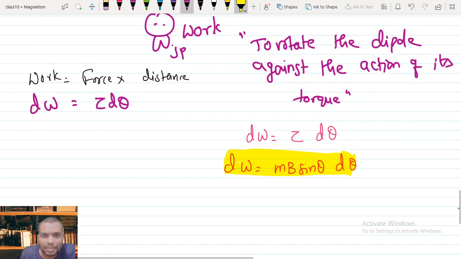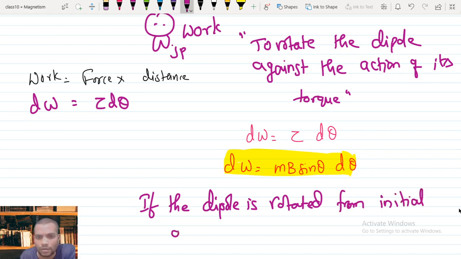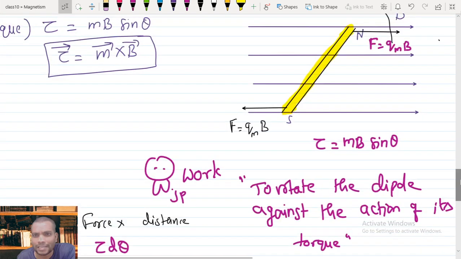Suppose we take a case where the dipole is rotated from an initial angle theta 1 to a final angle theta 2. Initially, in this magnetic field, this is the initial angle theta 1.